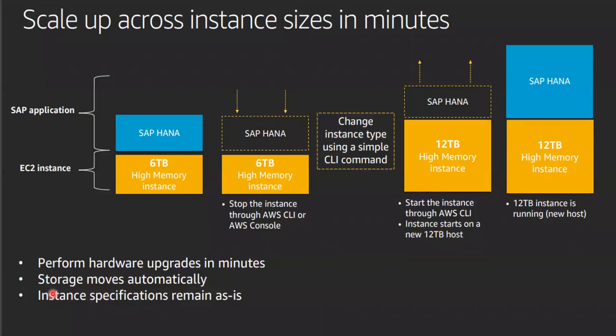If there was any hardware upgrade or any pending patch, that can also be installed at the same time. The instance specification remains as it is, so we're not changing the instance family. We're just adding more memory. Your processors and everything else remain as they are. It's just that we are moving to a higher memory instance. So it's really simple. Scaling up is not a challenge at all in AWS.